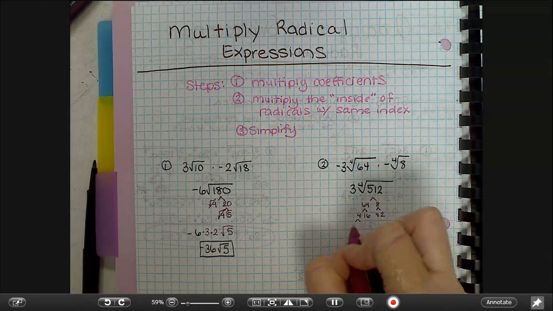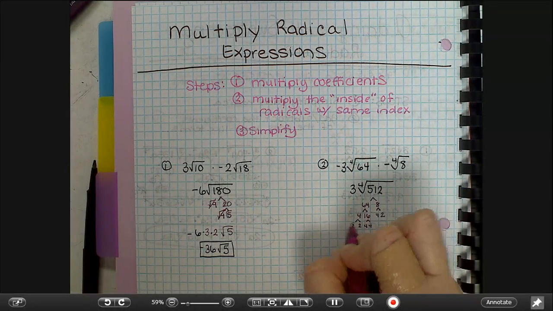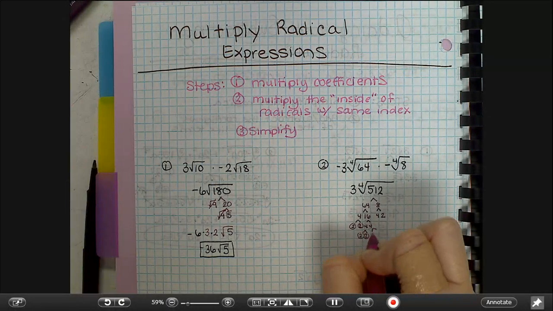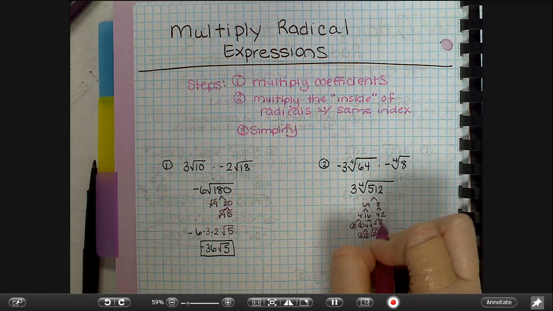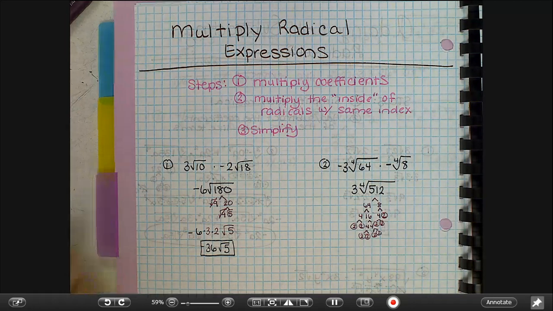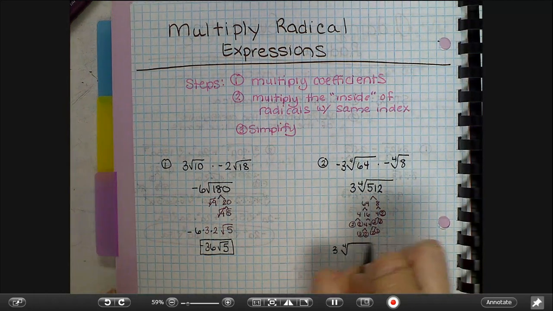I'm going to go all the way down for this one. 4 and 4, 2 and 2, 2 and 2, another 2 and 2, this is a lot, and the last 2 right there.